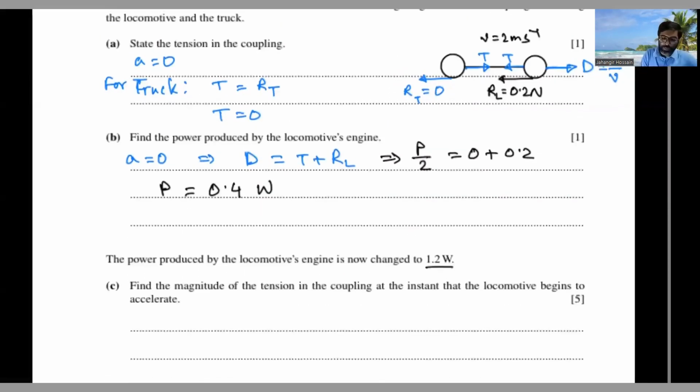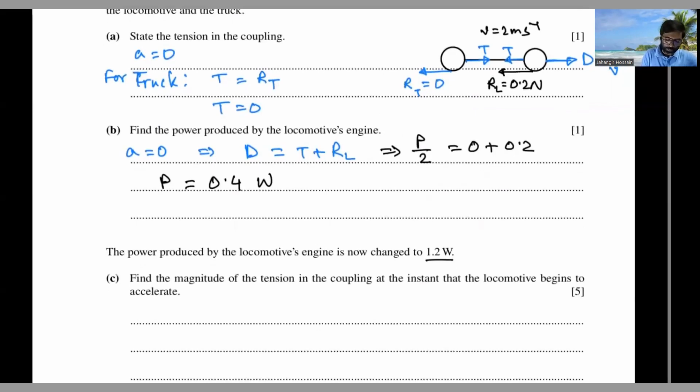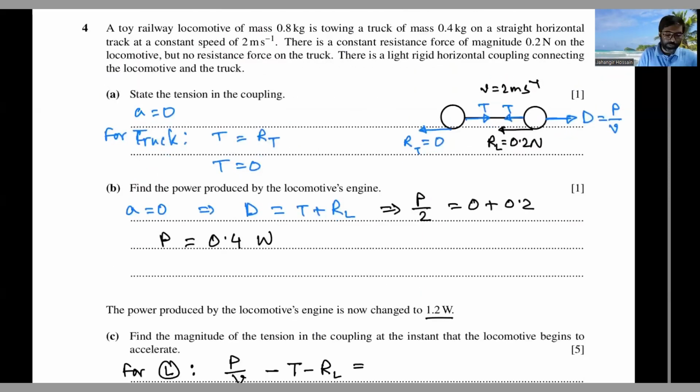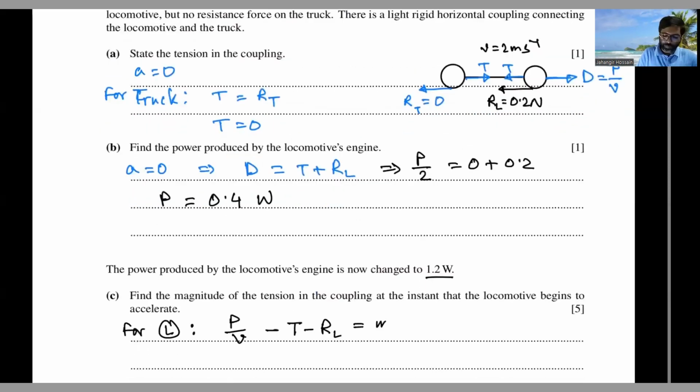So in that case, if we apply Newton's second law for the locomotive, P by V minus T minus RL equals mass of the locomotive, 0.8, times a.